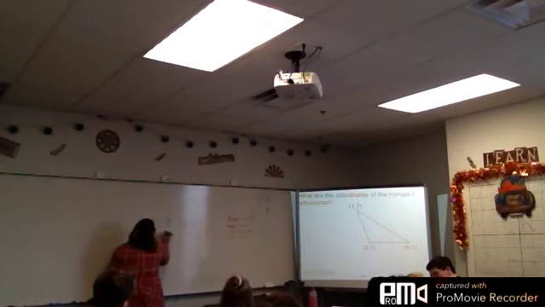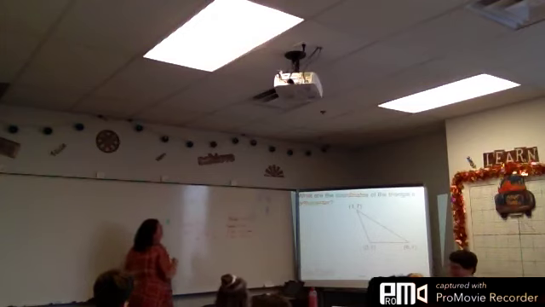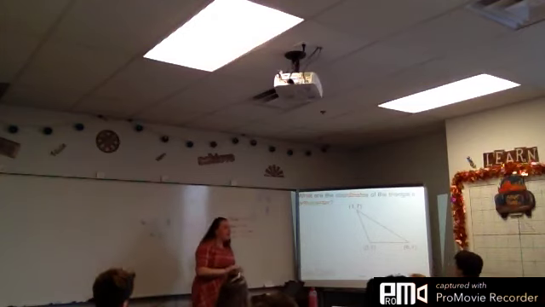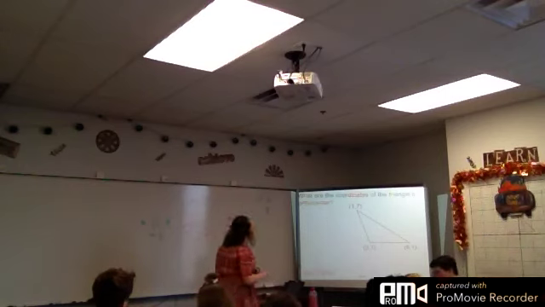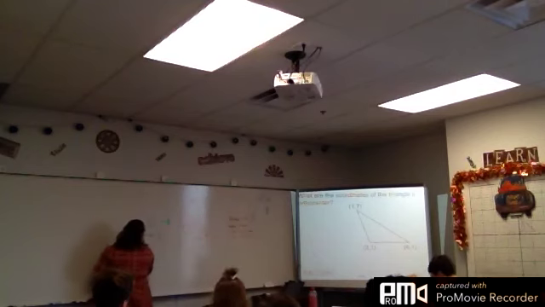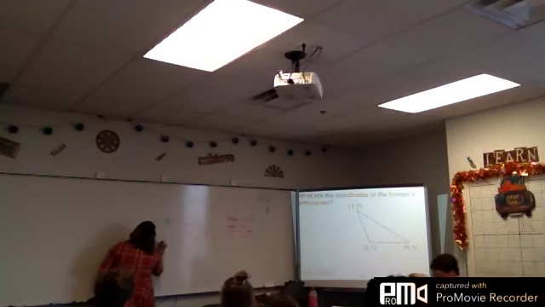Now, how can I figure out what that line is? Do I have a point that it goes through? Yes, 2-1. So I'm going to use what form? Point-slope.